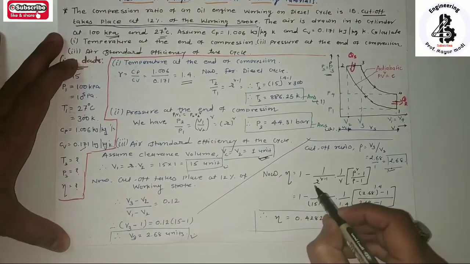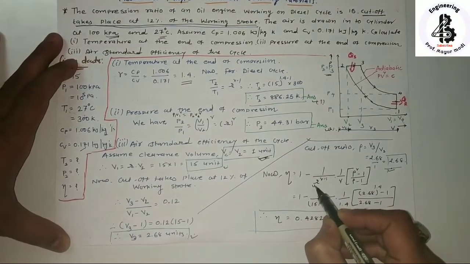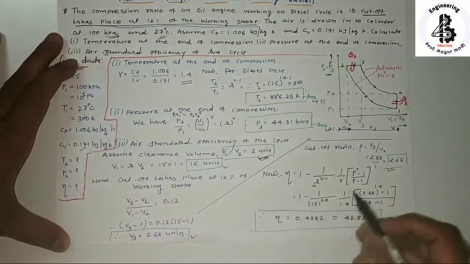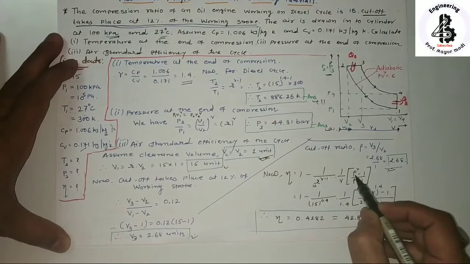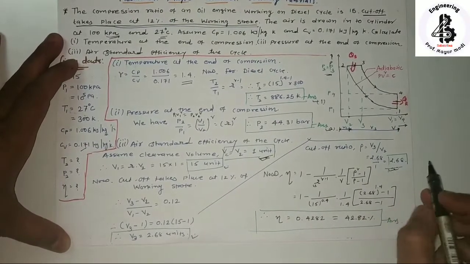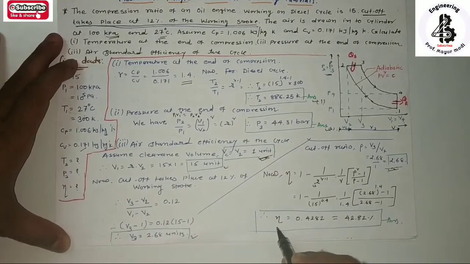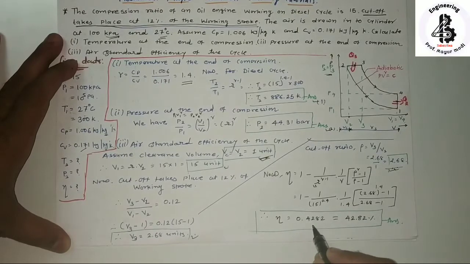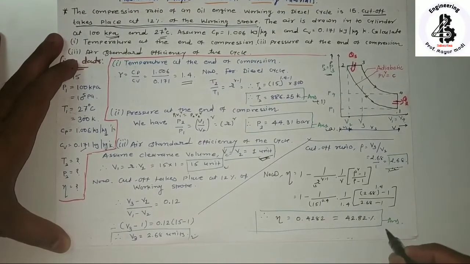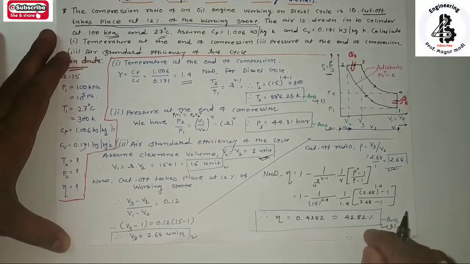Just put the value of the compression ratio, 15, gamma, 1.4, and cutoff ratio rho equal to 2.68. Just put the values and calculate, and you will get the answer. The efficiency of the diesel cycle will be 0.4282, or 42.82%. That is the answer number 3.